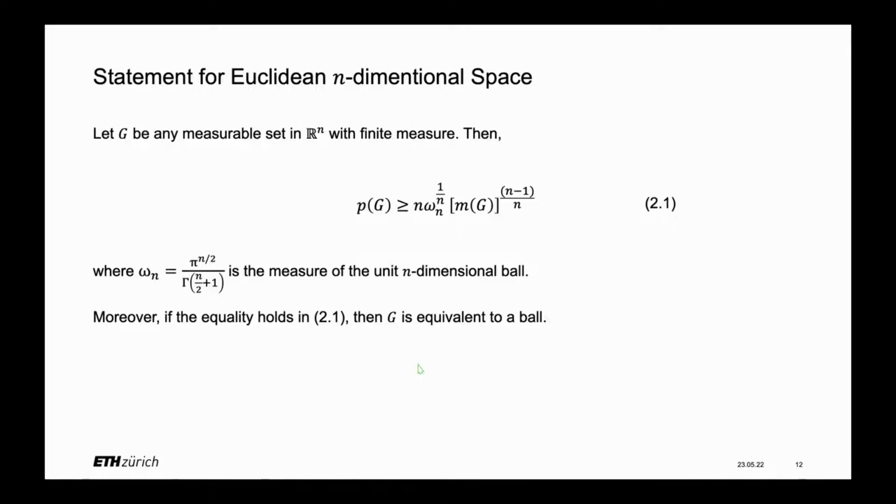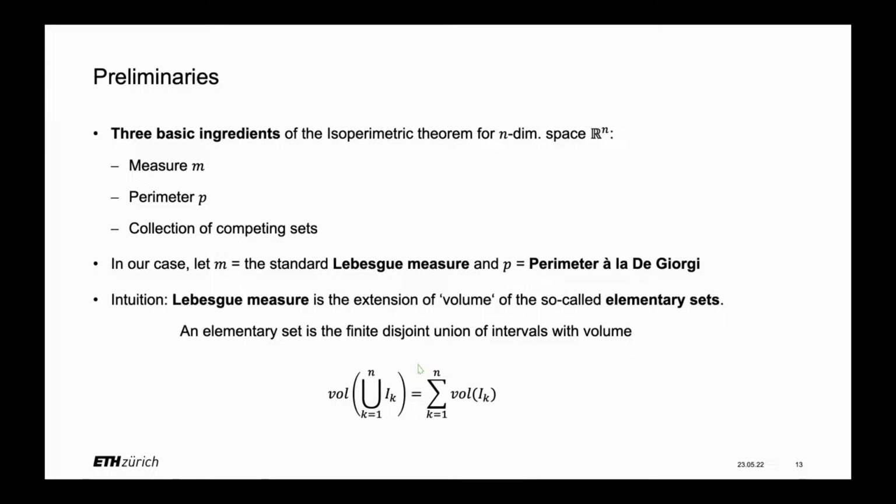Moreover, also here, if the equality holds, then G is equivalent to a ball. So instead of a circle, we have an n-dimensional ball, or a sphere in the three-dimensional case, as we've seen before. Let's first have a look at the different preliminaries.